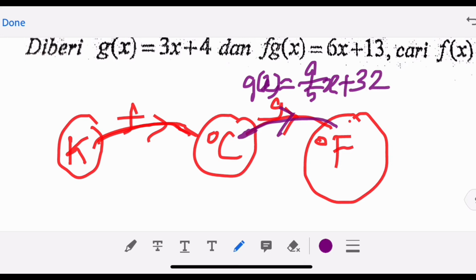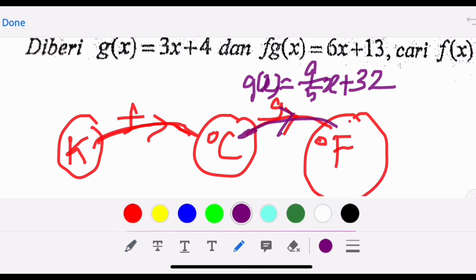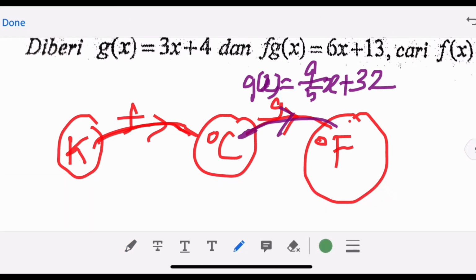This is the function given in the question. Okay, and the question is saying that the function to convert Kelvin to Celsius is given by the other function. Let me copy down. The other function is f, so f(x). It was given in the question, right? You can read the question. Let me show you.